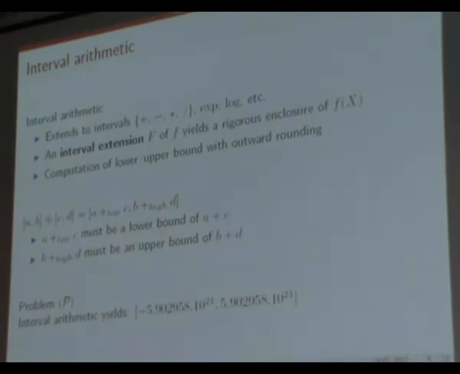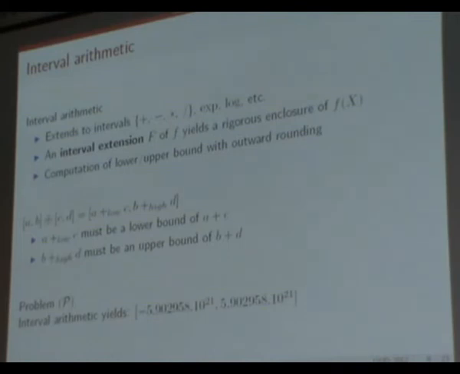Interval arithmetic extends to intervals binary operators, as well as elementary mathematical functions, for which an interval extension is to be computed to yield a rigorous enclosure of the image. Computations are carried out with outward rounding.